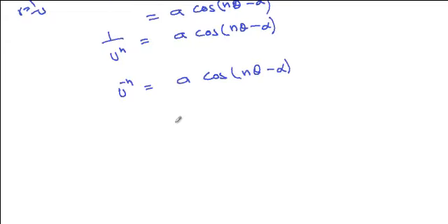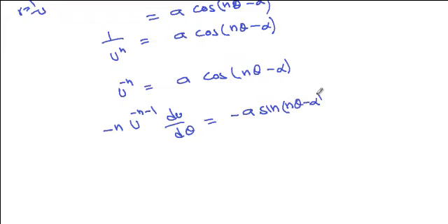Now we take the derivative of u with respect to θ. This will become −n u^(−n−1) du/dθ = −A sin(nθ − α), the derivative of this term being n.